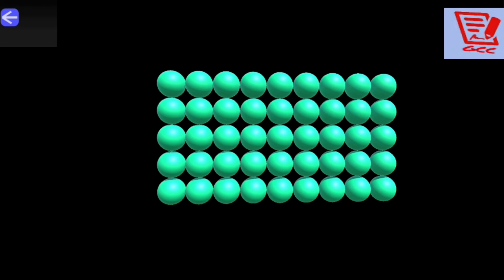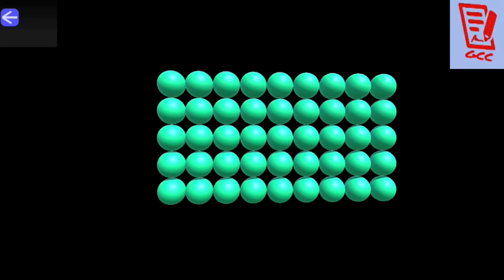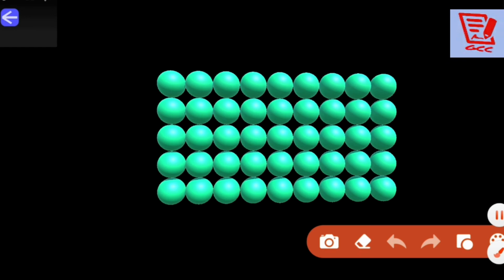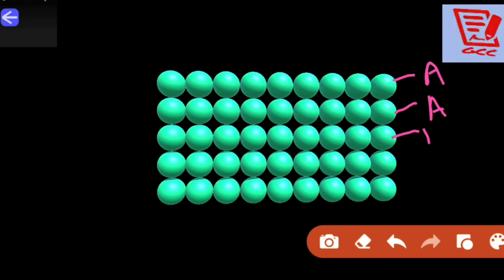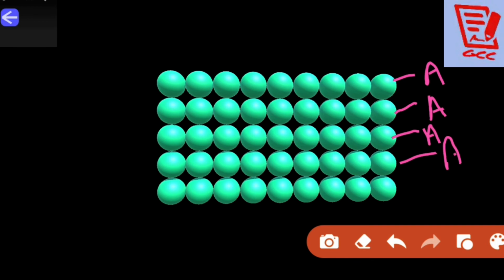Whenever we are writing over there, all the layers are the same. Let this be A, this is also layer A, this is A, this is A, and this is A.